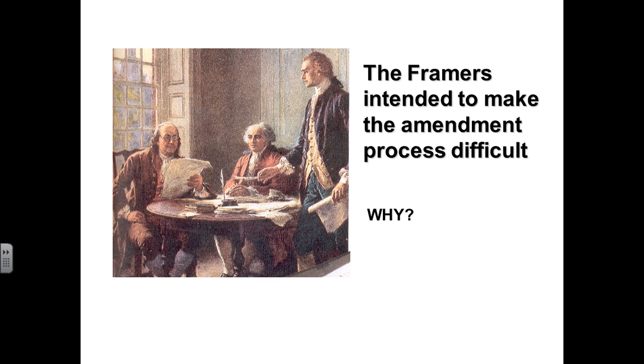They wanted more freedom, and they wanted to ensure that the government they were creating couldn't change too fast. If it could change rapidly, then the government could take away individual freedoms, and they did not want that. The Constitution was meant to limit the power of the government.